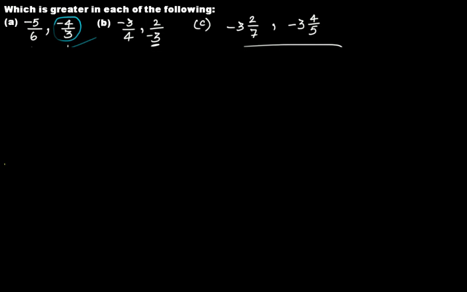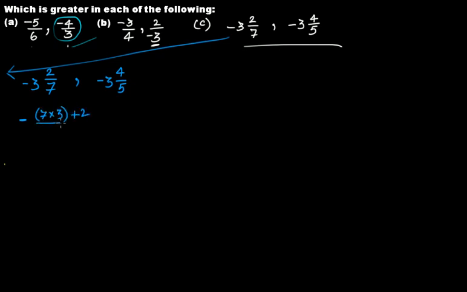Okay, so the next one is minus 3 and 2 over 7. This is a mixed number. First convert it into the form of a fraction. So keep this minus sign here. Then this is 7 times 3 plus 2, and this is 7.